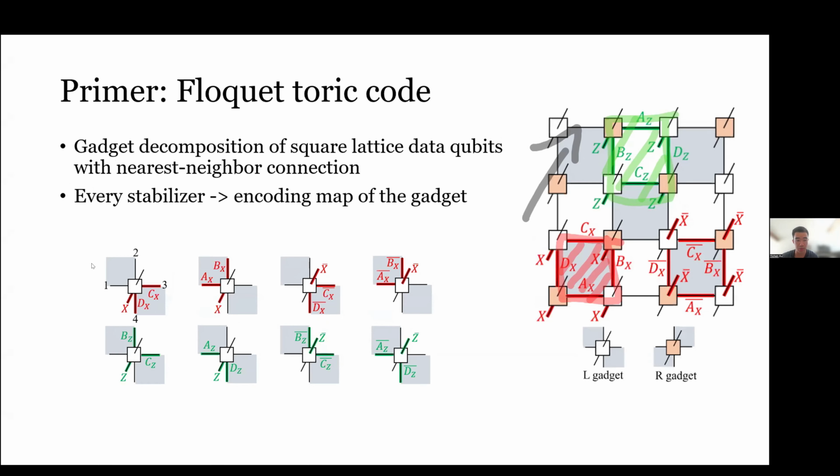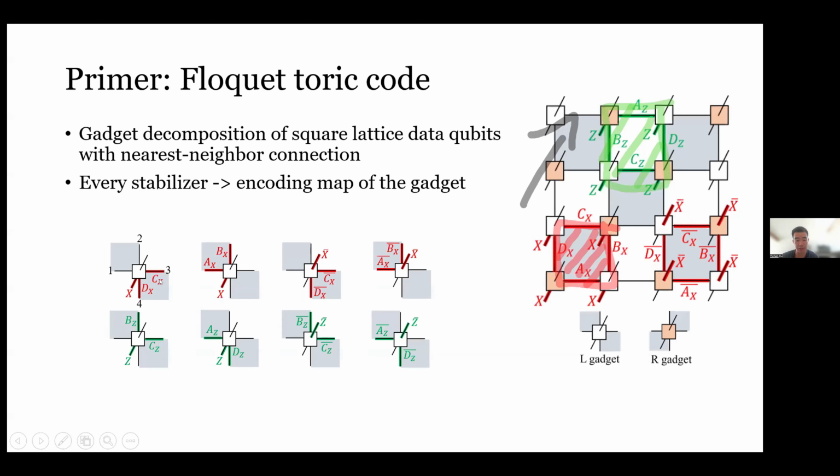For example, for the gadget on the bottom left, because there is an X stabilizer to the bottom right of this gadget, it needs to map X to the legs that we label by 3 and 4.